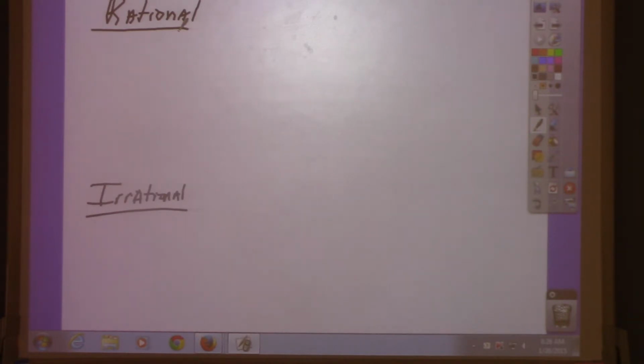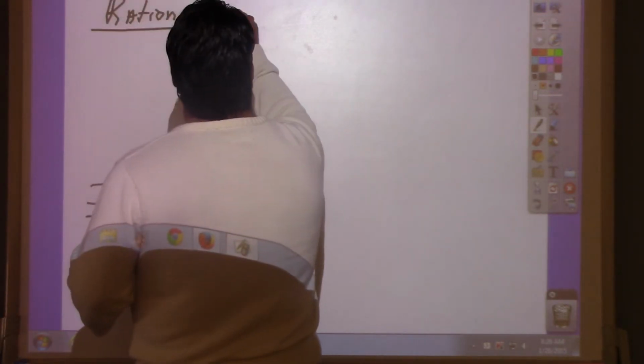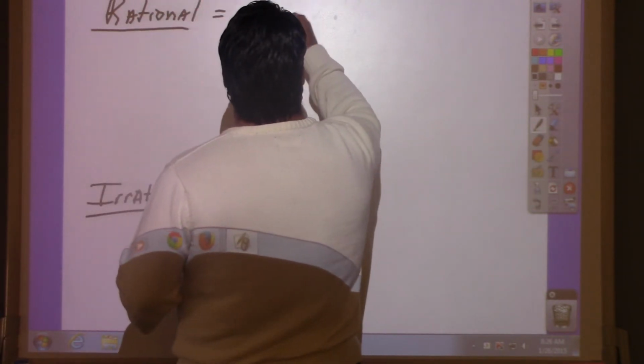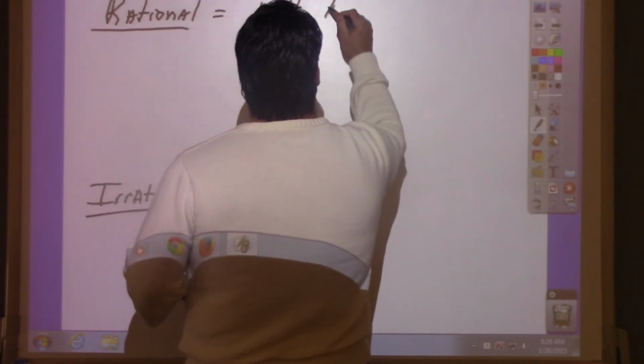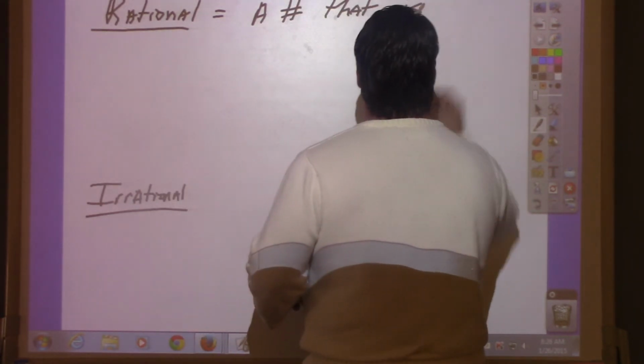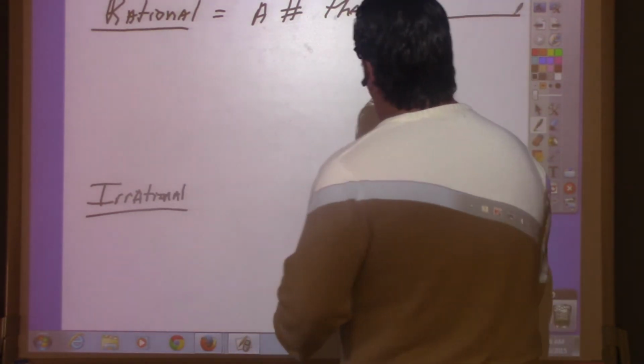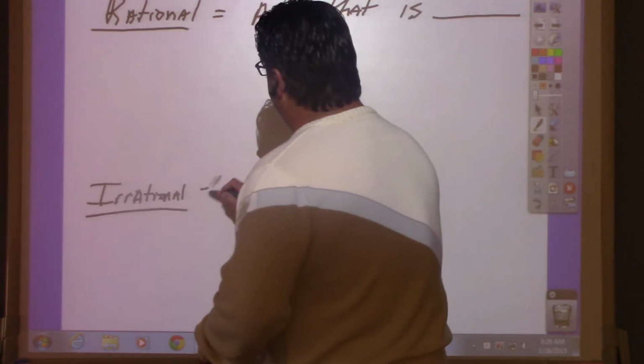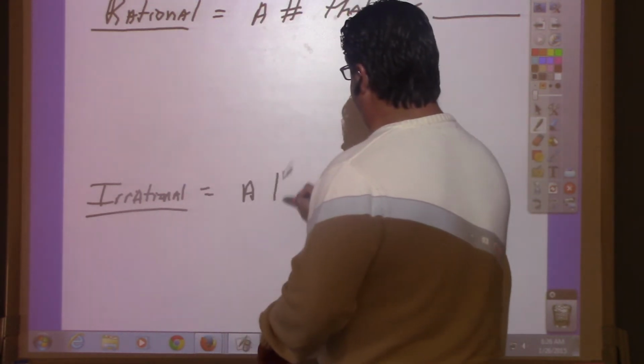What is rational? Anybody give me a layman's term definition? No, it doesn't have to be mathematical, just a number that is what? And irrational would be a number that is not.